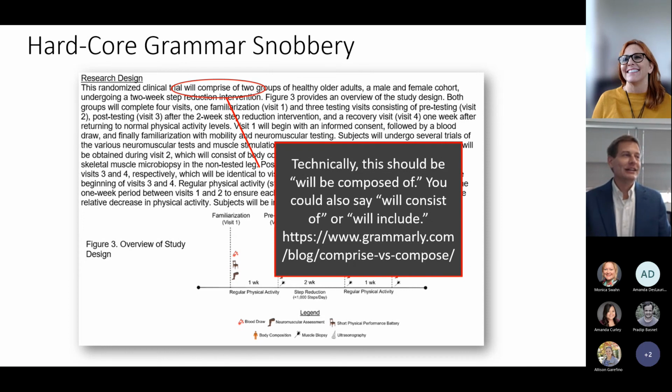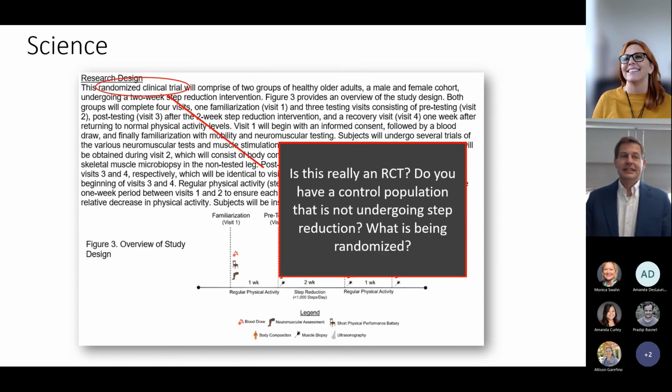Very common error. And if you can, address the science. That's why we're doing this within a college. My question when I read this was, I read randomized clinical trial, and then I read two groups of adults, a male and female cohort, and that didn't sound like an RCT to me.